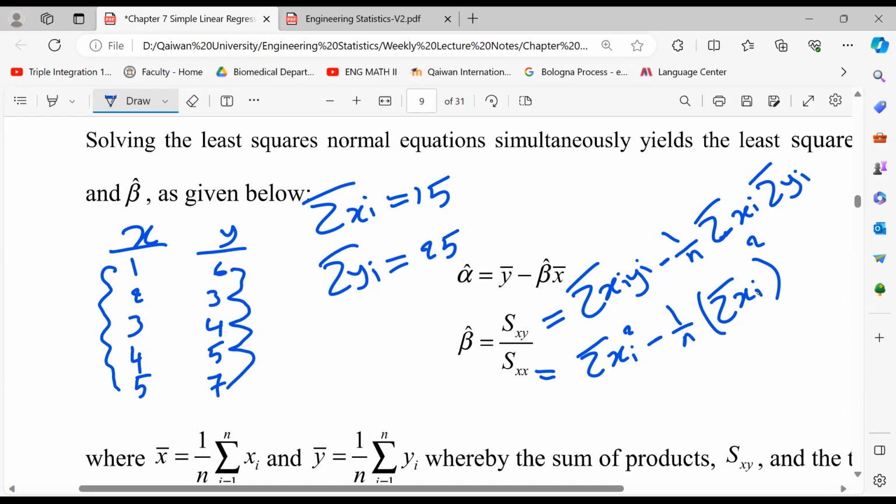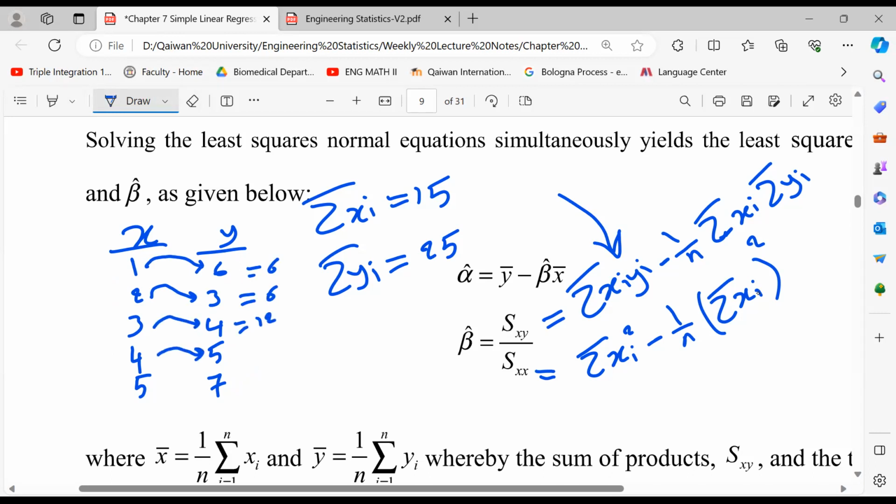Now, what's the sum of xiyi? The sum of xiyi is the multiplication of x values and the corresponding y values, and then finding the sum of them. 1 times 6 is 6, 2 times 3 is 6, 3 times 4 is 12, 4 times 5 is 20, 5 times 7 is 35.